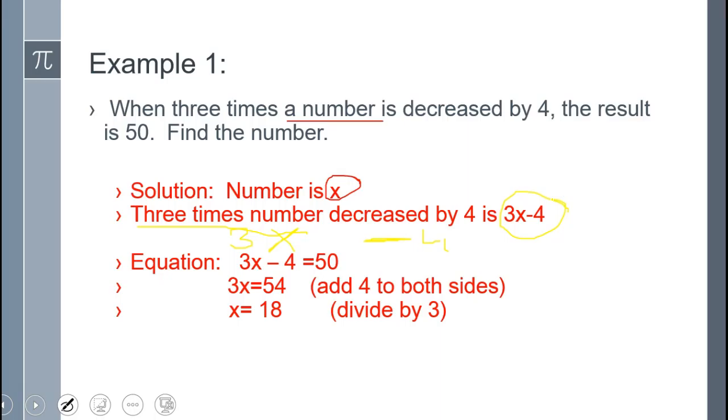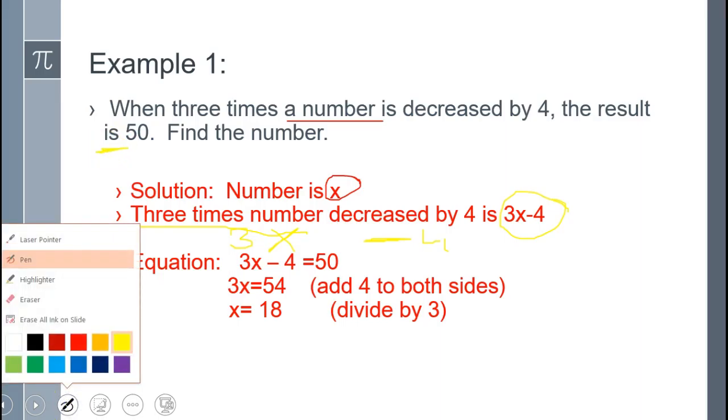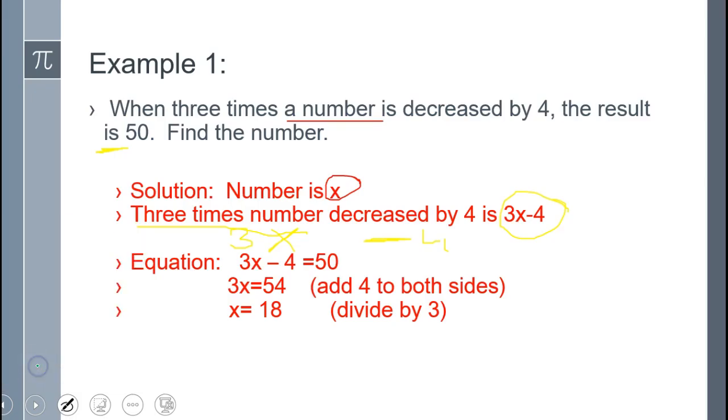Then, so what about 3x minus 4? This word is, let me make this more important here. This word is means equals. Is 50 equals 50. So now I get 3x minus 4 equals 50.